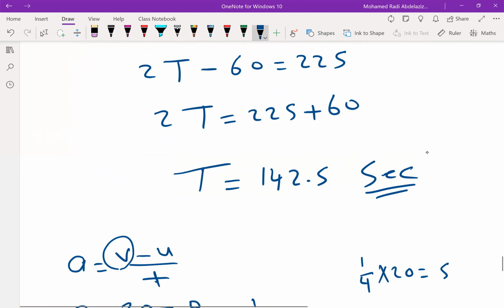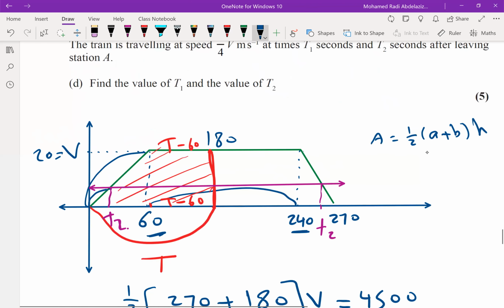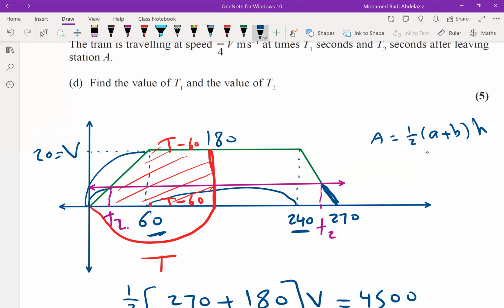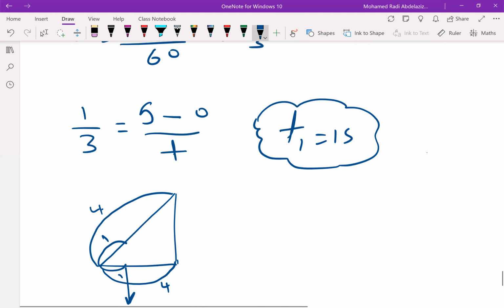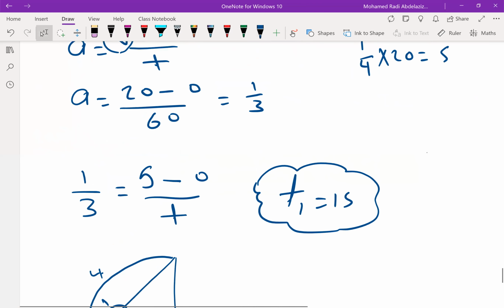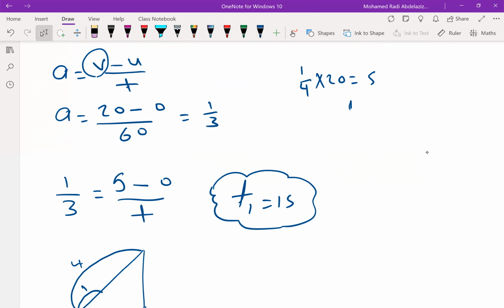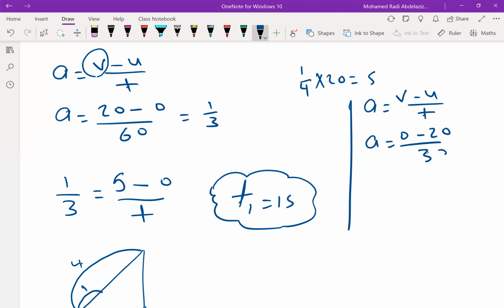In the same way, we can find the second time. We can use the deceleration for this part. I will get the deceleration by using the first method. Acceleration is v minus u over t. So for the deceleration, the final velocity is 0, the initial is 20, the time taken is 30.